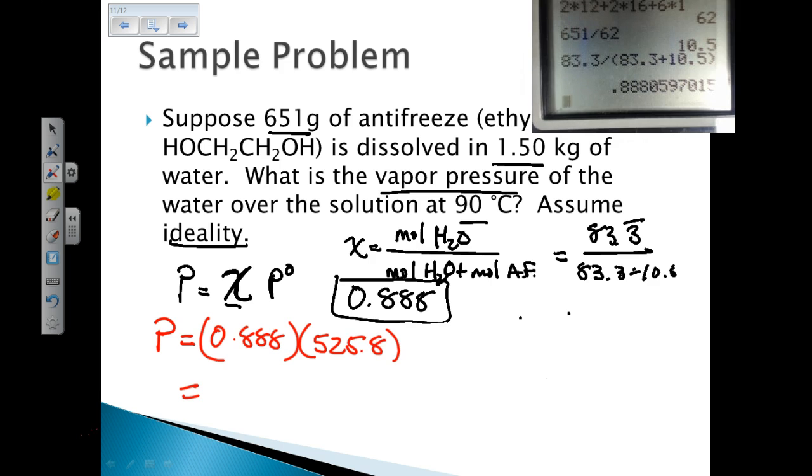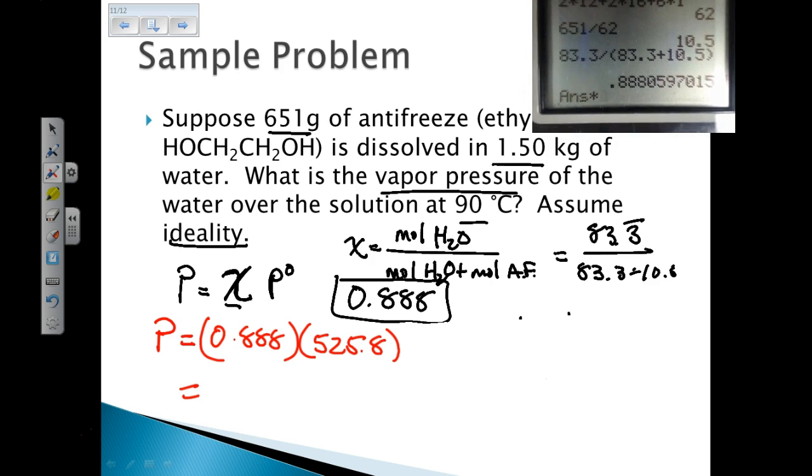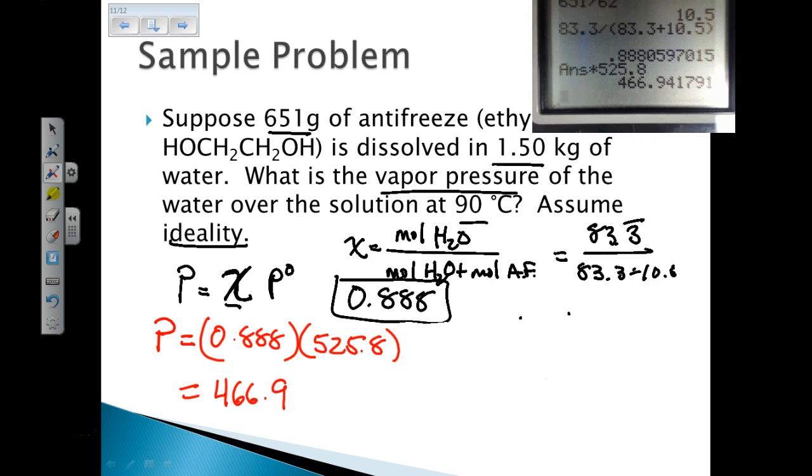And I'm just going to take that answer and multiply by 525.8, and that answer is 466.9, and that's the new vapor pressure, and that was measured in millimeters of mercury.